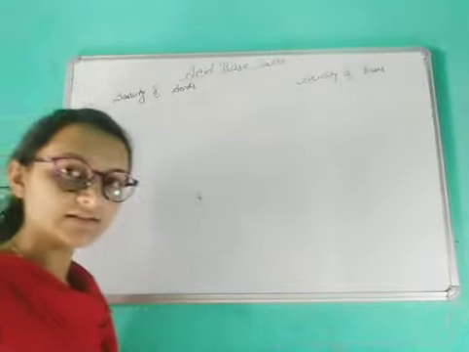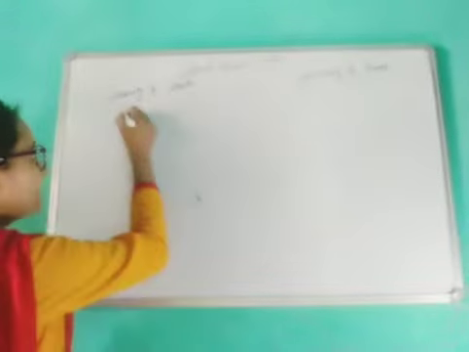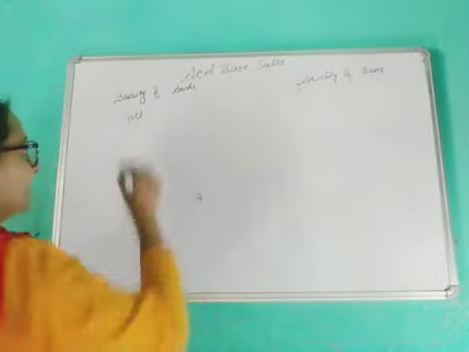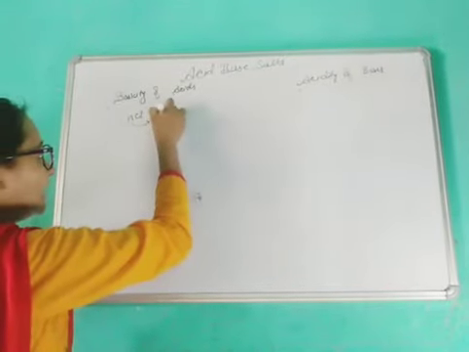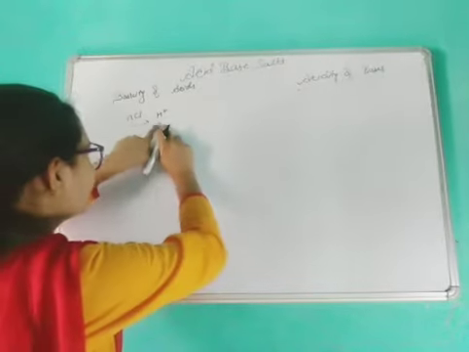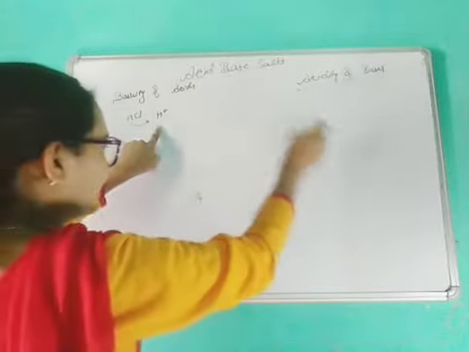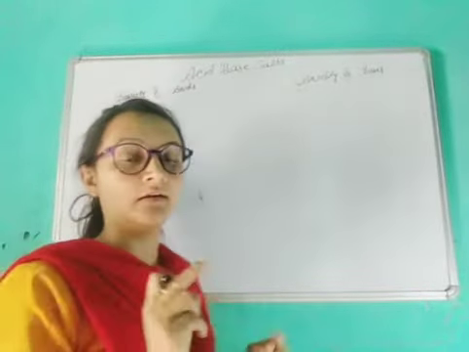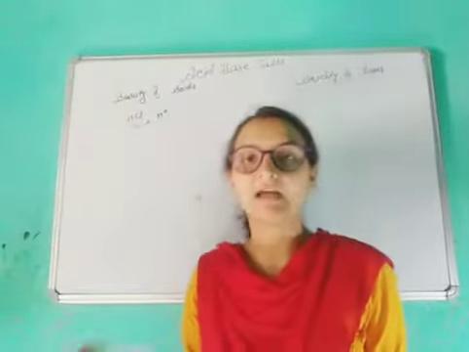Now, what will be the basicity of acids? If there is any acid like HCl, it will furnish only one hydrogen ion, only H plus ion, to get combined with one hydroxyl ion of a base.